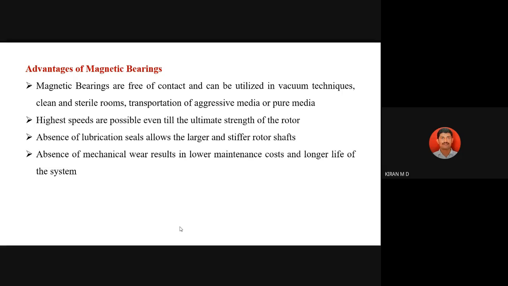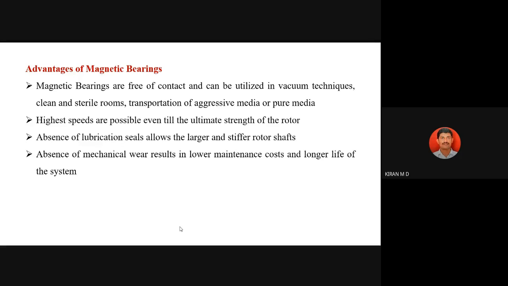So in a hydrodynamic bearing, initially there is surface contact, and in case of low speed or high load cases, the surfaces will come into contact, so it causes wear and tear of both the shaft surface and bearing surface.